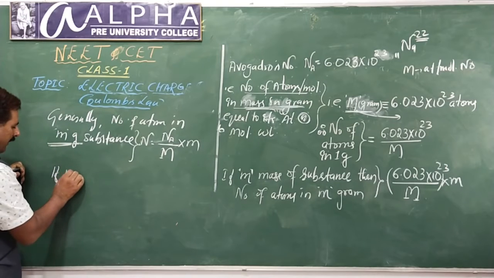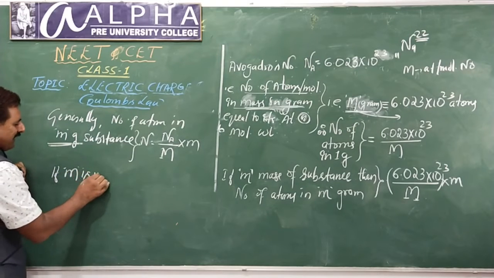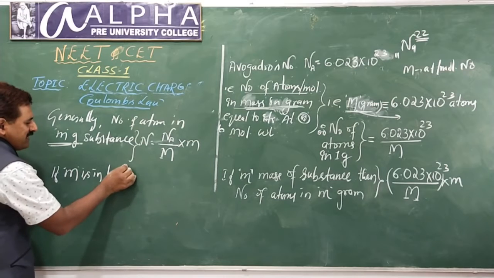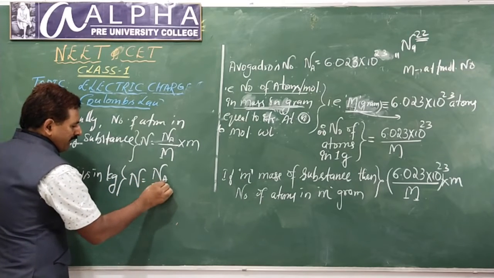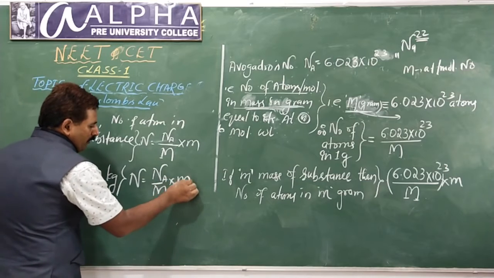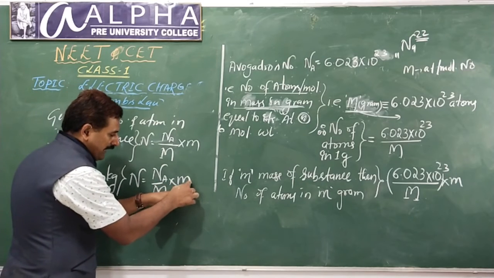If m is in kg, how do you write it? Very simple: N_A divided by M times small m, till this in gram.